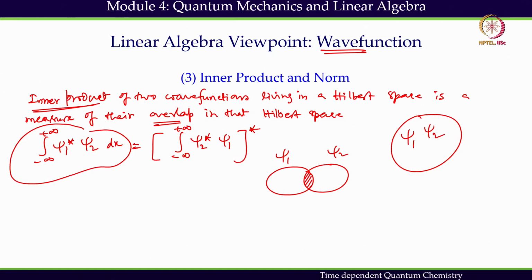This is the overlap part, and this integration will show how much overlap we have between two wave functions in the Hilbert space. What it suggests is that the inner product always exists as long as both functions live in the Hilbert space. Because these two functions are living in Hilbert space, their inner product will definitely exist. It will not happen that this integration will become infinite.